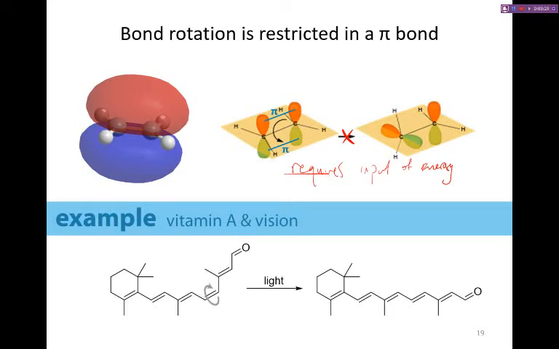Our brain then translates that shift in the molecule's position into interpreting the light that has come through. And so if you ever stare at a very bright light and you get those spots in your eyes, those bright spots that don't go away for a long period of time, what's happening is that it's getting stuck in this position on the right, and it's not flipping back into its original position. So we see that bond rotation is actually an important aspect of human life.